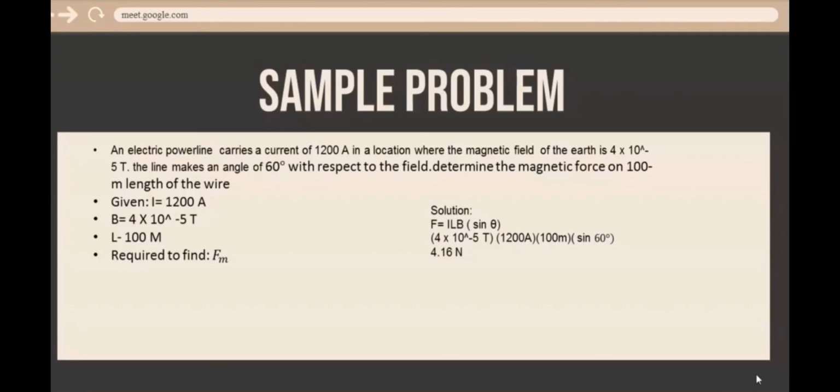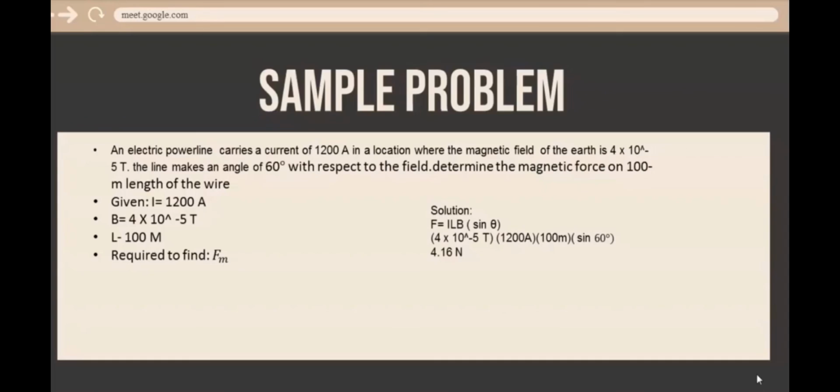Determine the magnetic force on a 100-meter length of the wire. Given I equals 1,200 amperes, B equals 4 times 10 to the power of negative 5 T, L equals 100 meters. Required to find Fm.